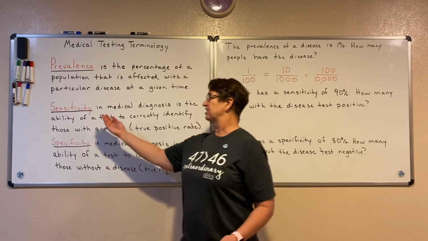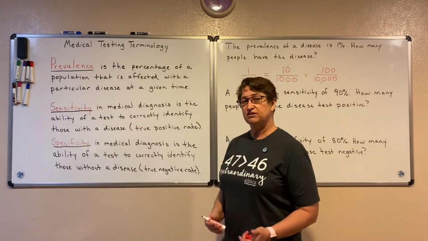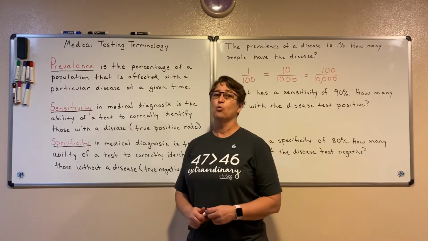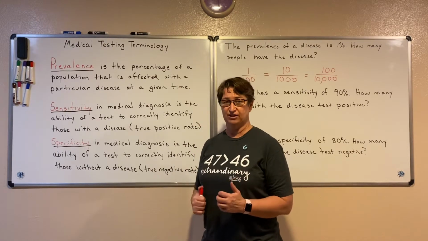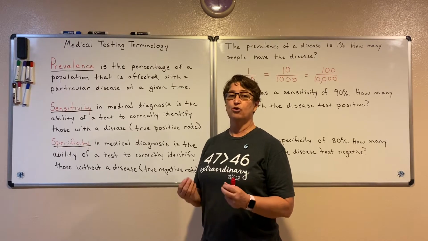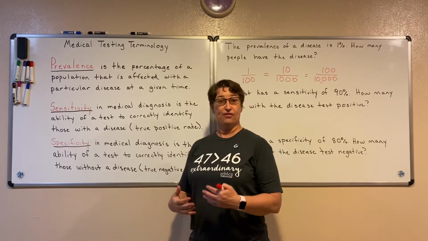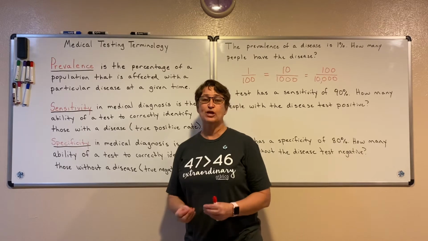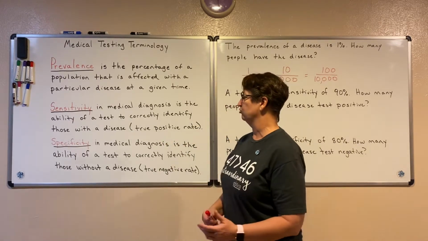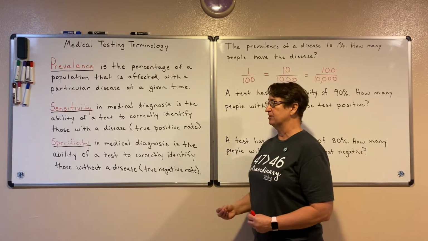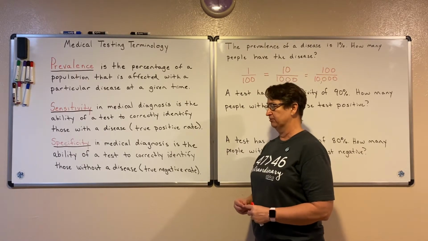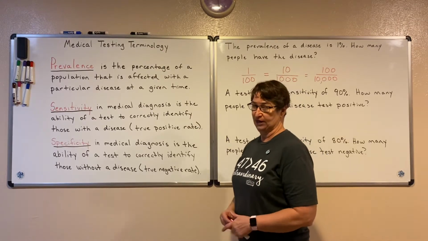Then we have the sensitivity. The sensitivity of the test just tells of the people who have the disease, what percentage of those will the test show they actually have the disease. We call that the true positive. So in medical diagnosis, it's the ability of the test to correctly identify those with a disease, the true positive rate.